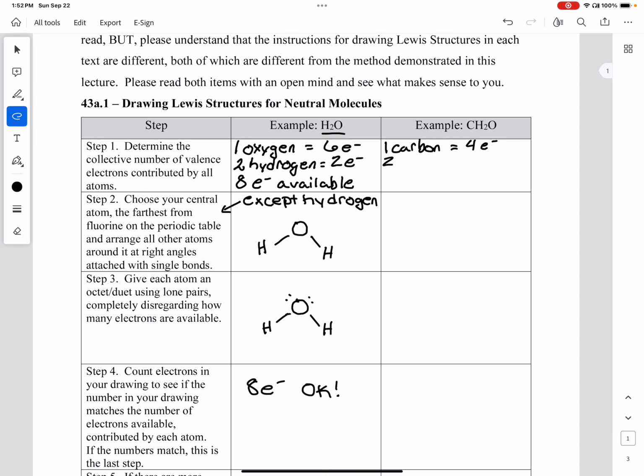I have 2 hydrogen, and that gives me 2 electrons, and then 1 oxygen, and that is 6 electrons. So I have 12 electrons available.